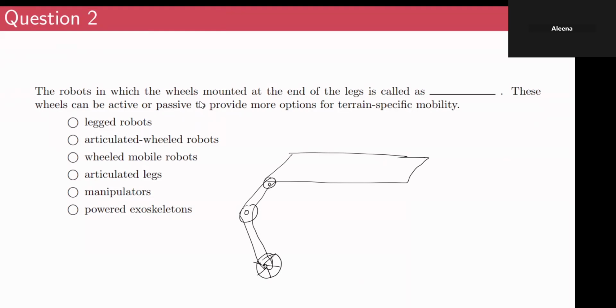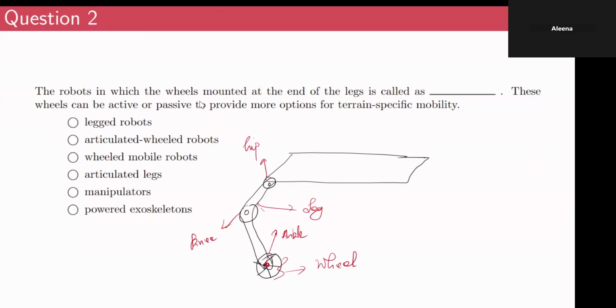So what are these called? This is actually a leg. And just like how you expect a leg, this is the hip joint, this is the knee joint, and here you have an ankle joint. And at the end, you also have a wheel, right? So this can essentially switch between wheeled motion or a legged motion.